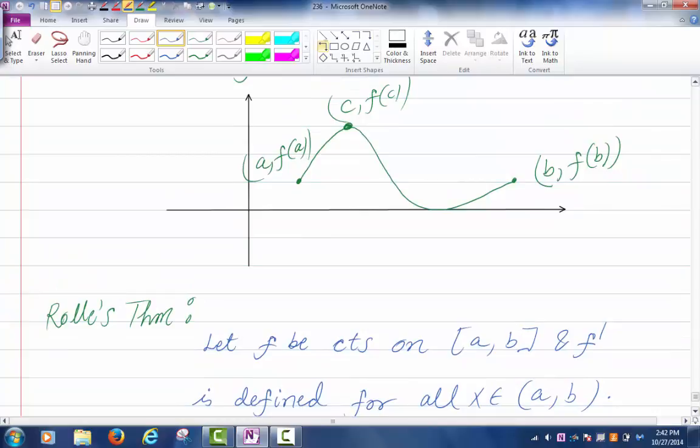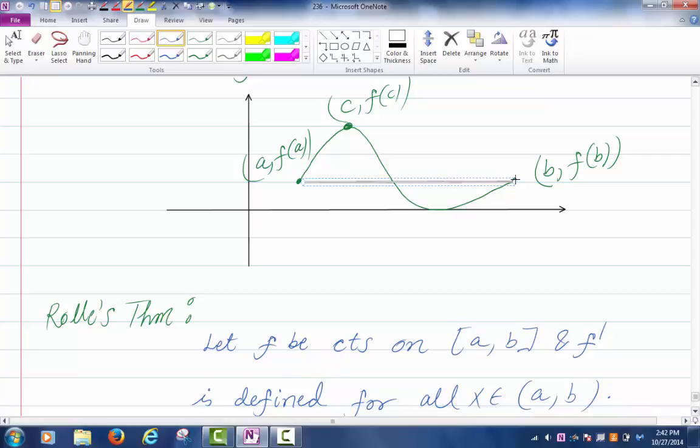Then what's the slope of the line segment joining the points at a and b? It is zero, because the heights are the same. What we are saying then is that there should be at least one horizontal tangent line at some point c.